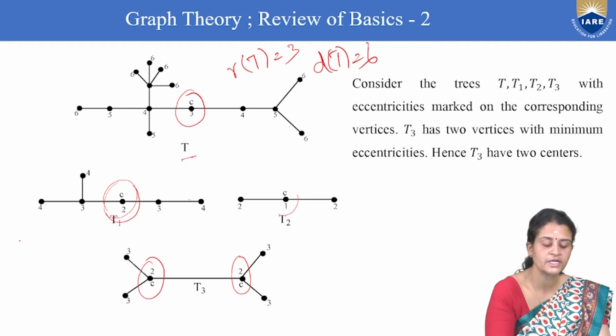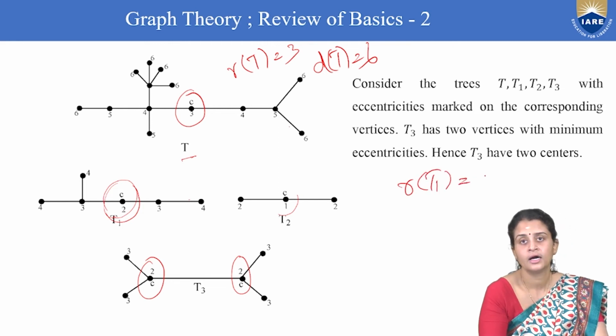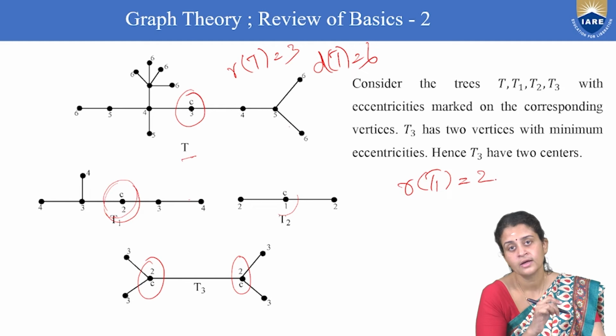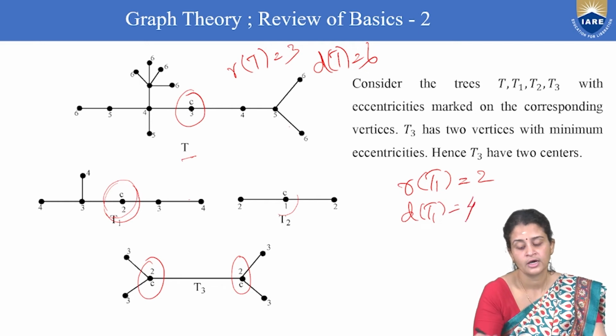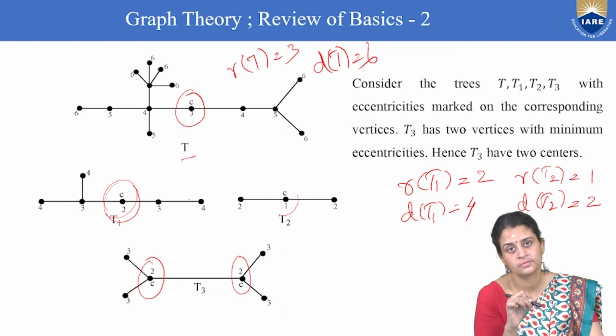The radius of T1 is 2, as it is the eccentricity of the center. And the diameter of this T1 is 4. And in T2, the radius of T2 is 1 and the diameter of T2 is 2.